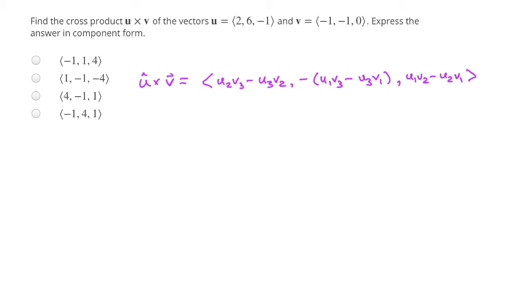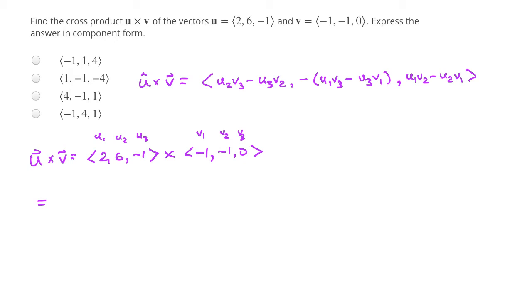And so going back to our vectors, u cross v is going to be the vector 2, 6, -1, crossed with our vector -1, -1, 0. Plugging in our values, we have u1, u2, u3, v1, v2, and v3.